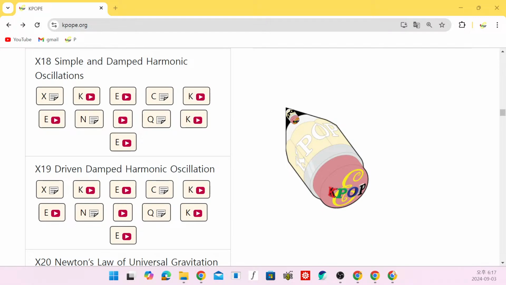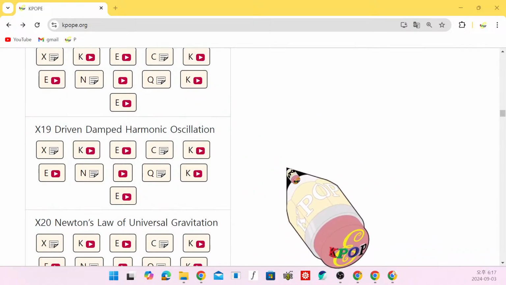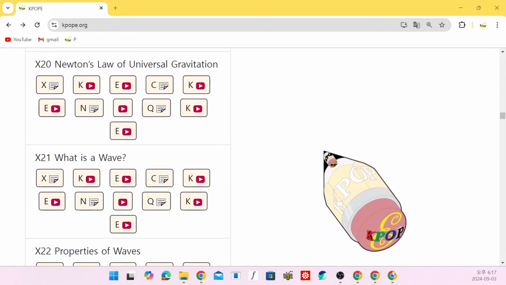That is called the driven damped harmonic oscillator. It is very important, especially because any electronic device uses this driven damped harmonic oscillator. So these are fundamental classical mechanics applications.